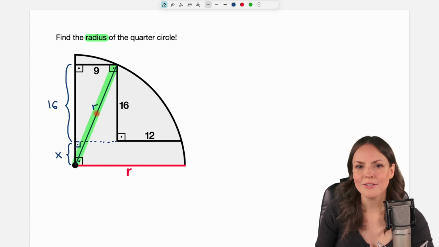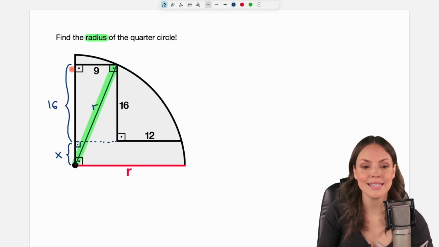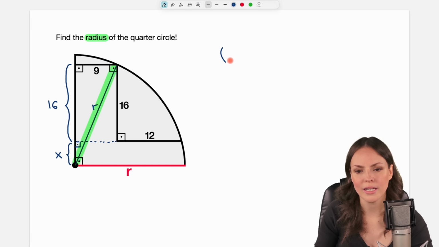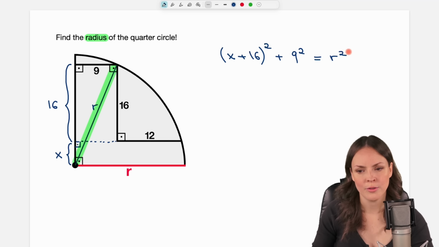And the Pythagorean theorem then says take one of the sides, so the length of this side is x plus 16. I write it in parentheses, (x + 16), square the length of this side, plus take the length of the other side and square it, so 9 squared, and then you get the hypotenuse squared, so r squared. Okay, so this is an equation.